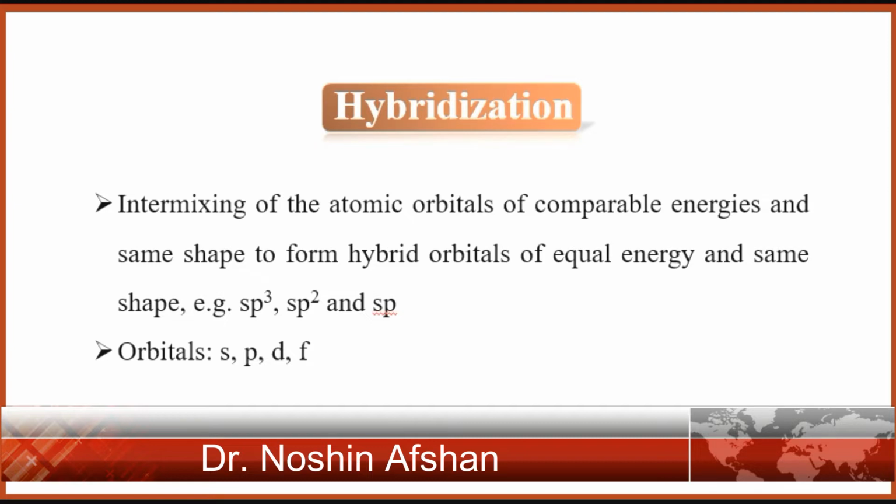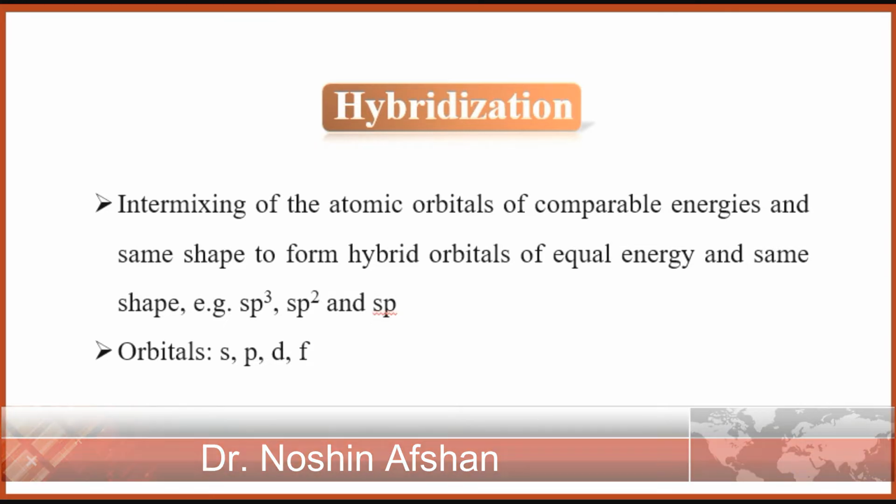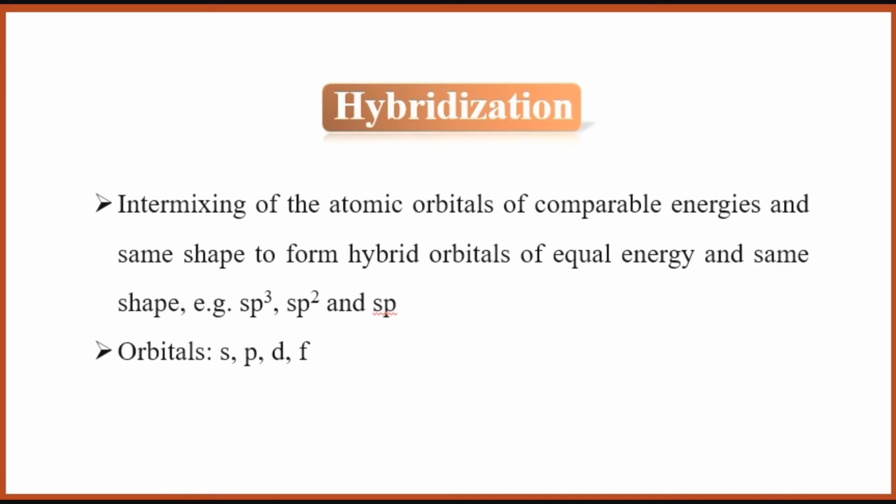Similarly, there are some conditions that how orbitals can intermix to form the new hybrid orbitals. So in this way, we may say that the intermixing of atomic orbitals of comparable energies and almost same shapes forms the hybrid orbitals that would have the equal energy and the same shape.